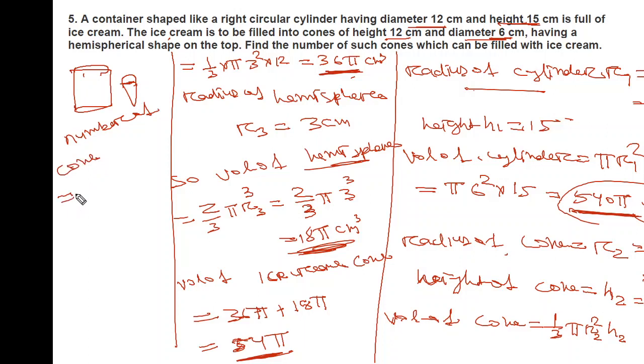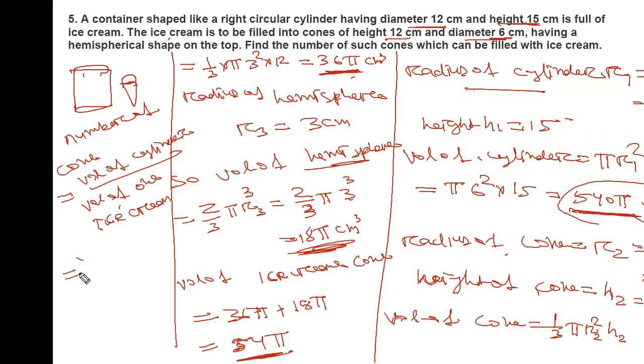is equal to volume of the cylinder divided by volume of one ice cream.